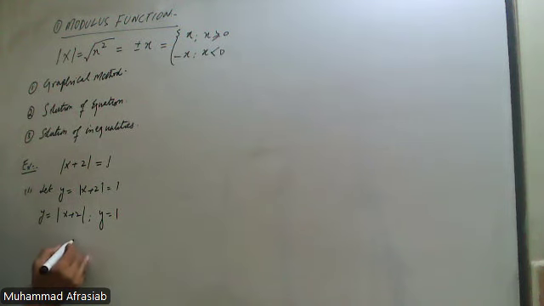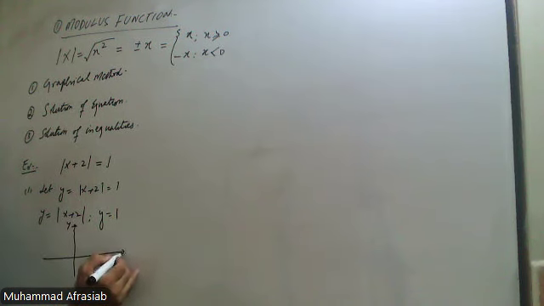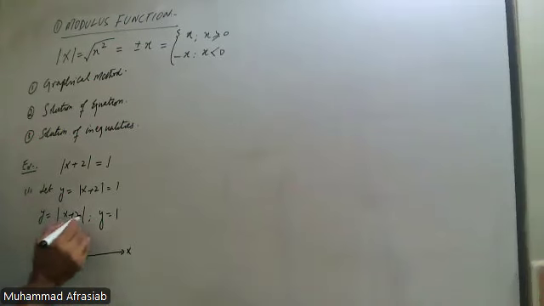We know from this that if it is the x and y axes, then y = |x + 2| will be the graph of this.